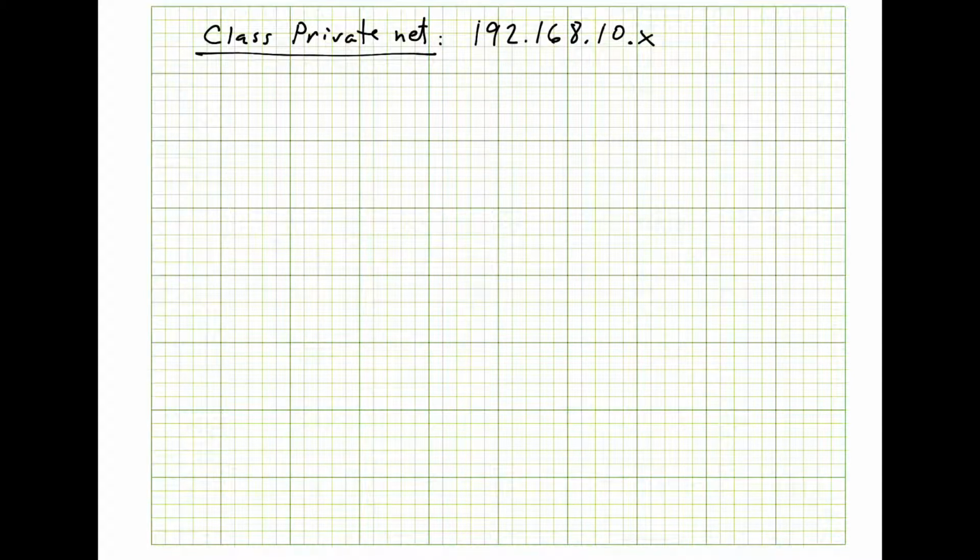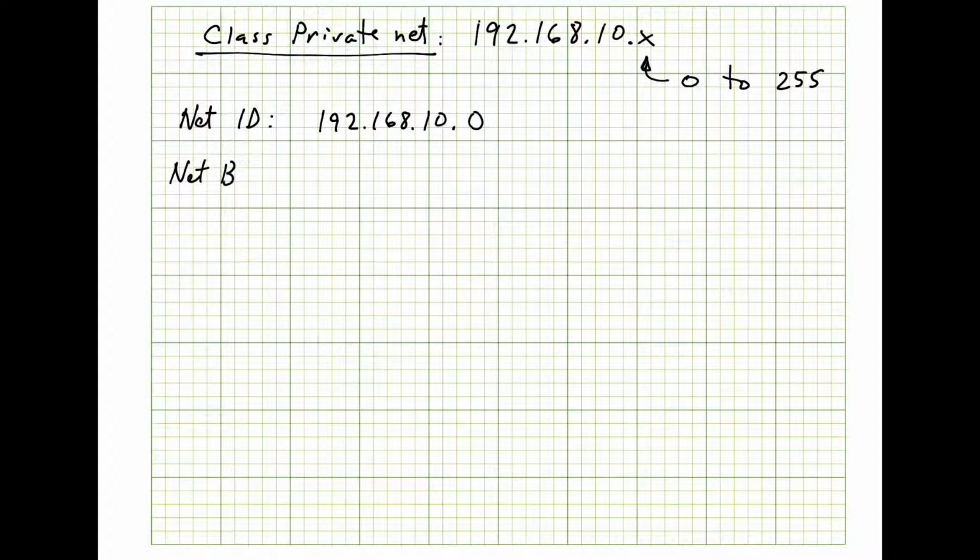Let me specify now that this x ranges from 0 to 255, which we know, and let me define the subnet, or the network ID, which is 192.168.10.0, and let me also define the network broadcast address, 192.168.10.255.